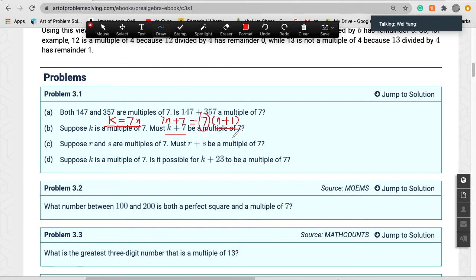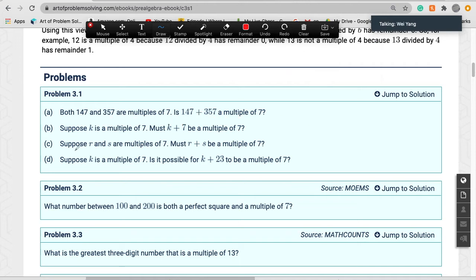So N plus 1 is another integer. That means K plus 7 is a multiple of 7.